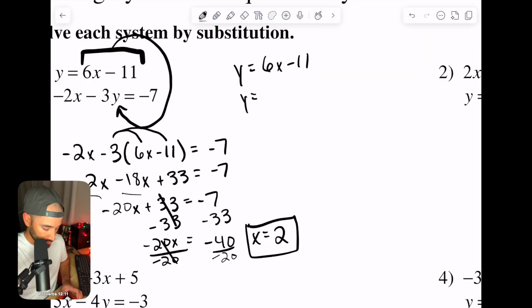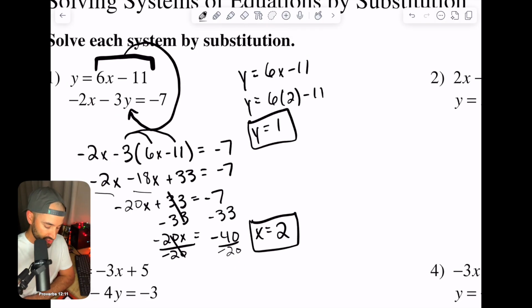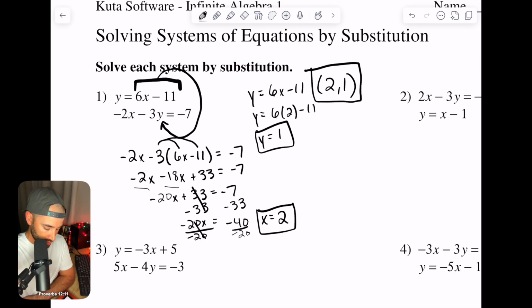So y equals 6 times 2 minus 11. So 6 times 2 is 12, minus 11 is 1. So y is equal to 1. And so that means that our solution is going to be 2, 1, and that would be our final answer for that problem.